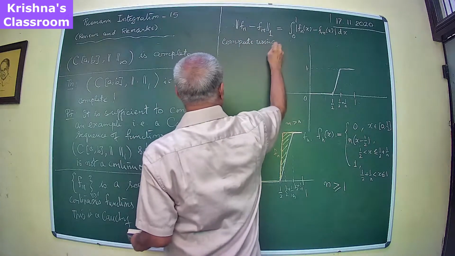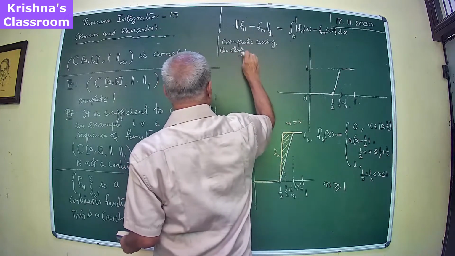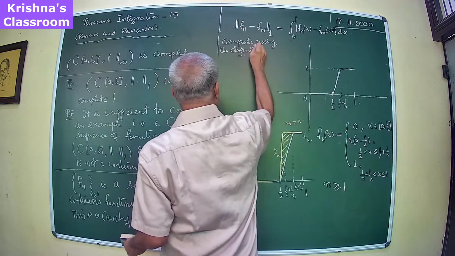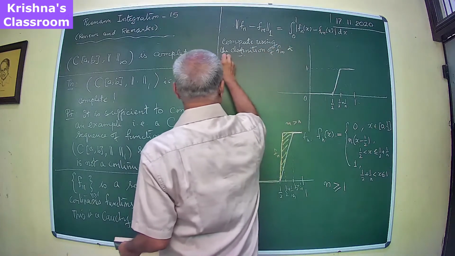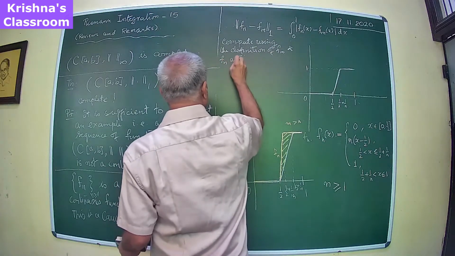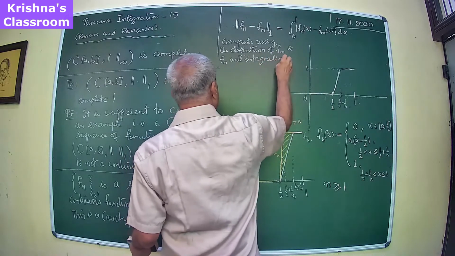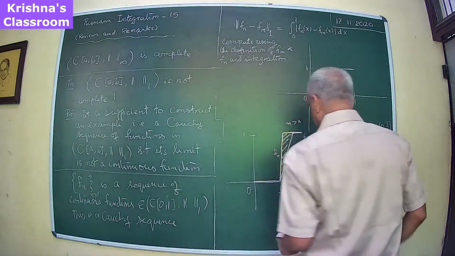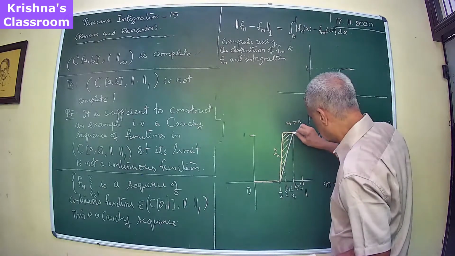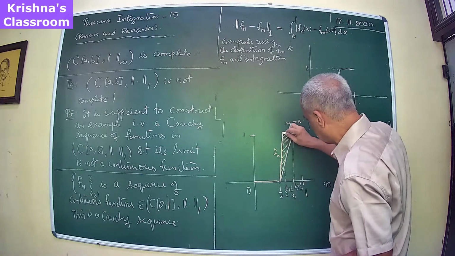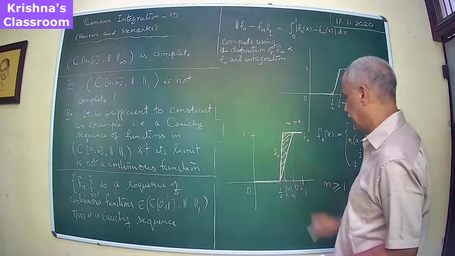You can directly compute using the definition of Fn and integration. But one can easily see what exactly is it. Okay, so let me just mark this. So you see that even without performing the integration, you can estimate this particular area.